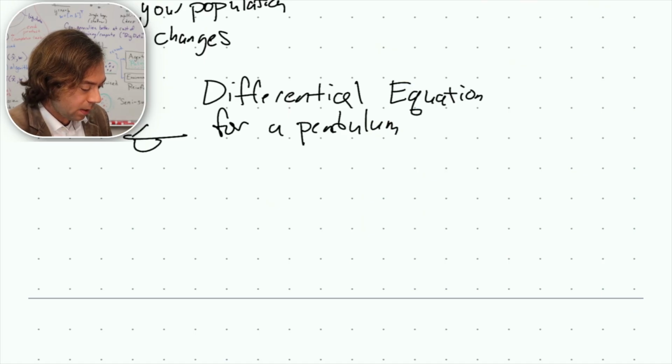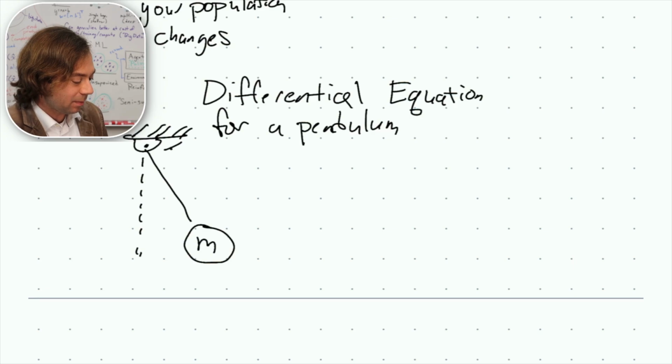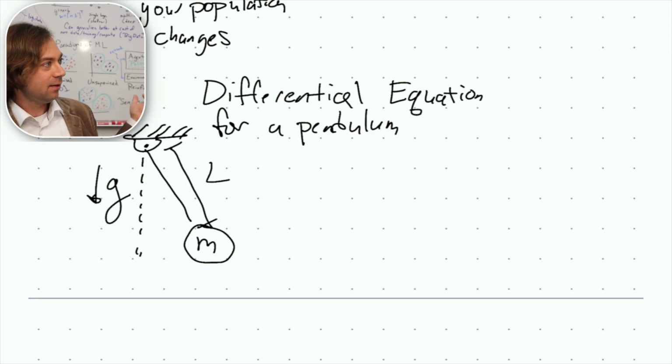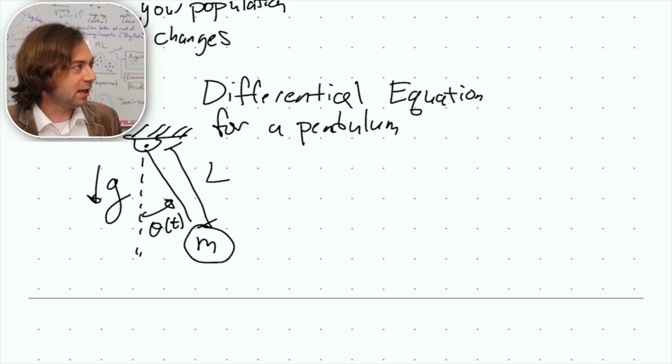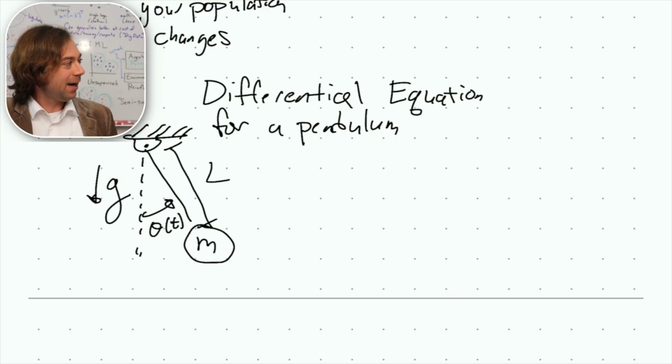So I'm going to draw a pendulum. There you go. Not my best work. It has a little mass at the end, and some length L for your pendulum. You're under gravity, and this is some angle theta of t that can change over time. That's how you have your dynamical system. It changes over time.